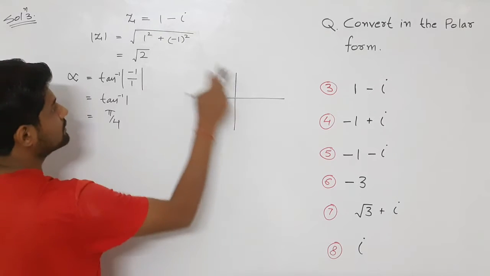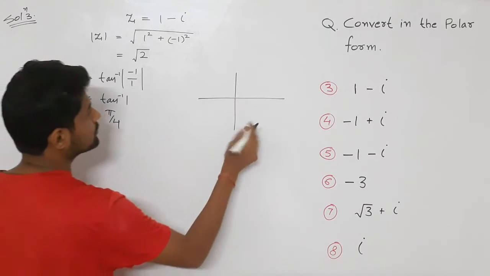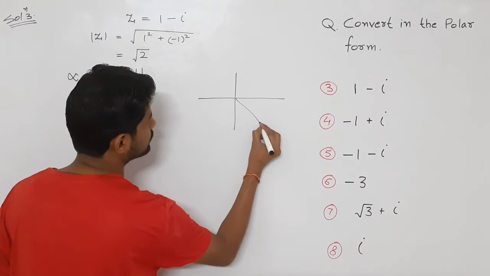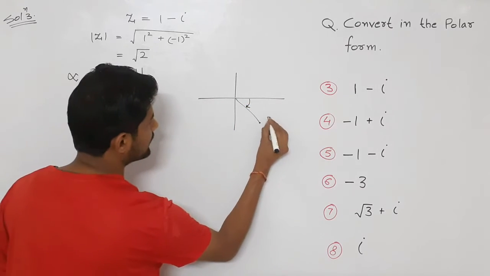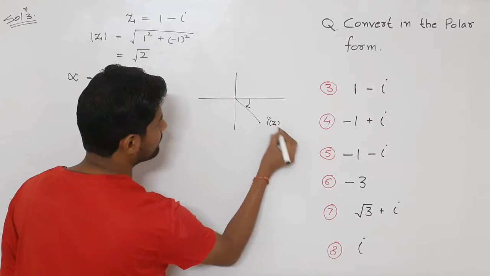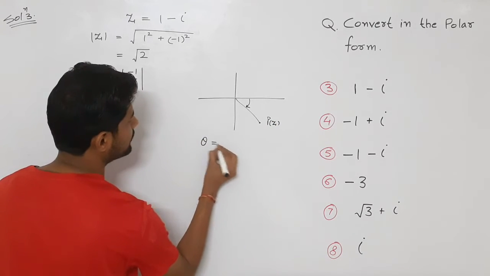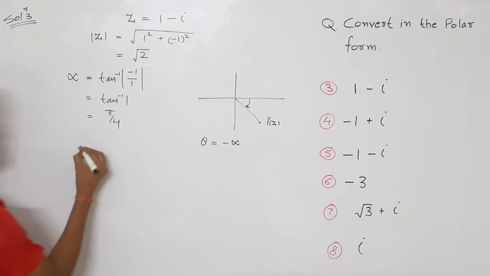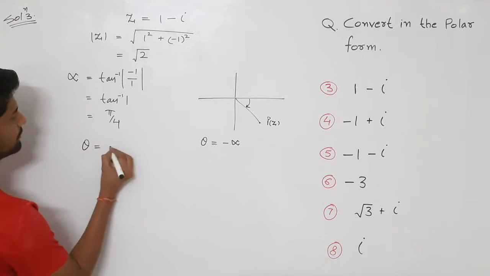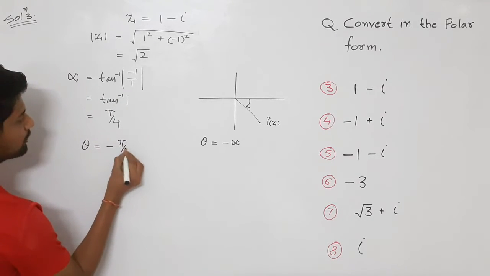So a is positive and b is negative. So this complex number lies in fourth quadrant. And in fourth quadrant, we will write principal argument as minus alpha. So argument of this complex number will be minus pi by 4.